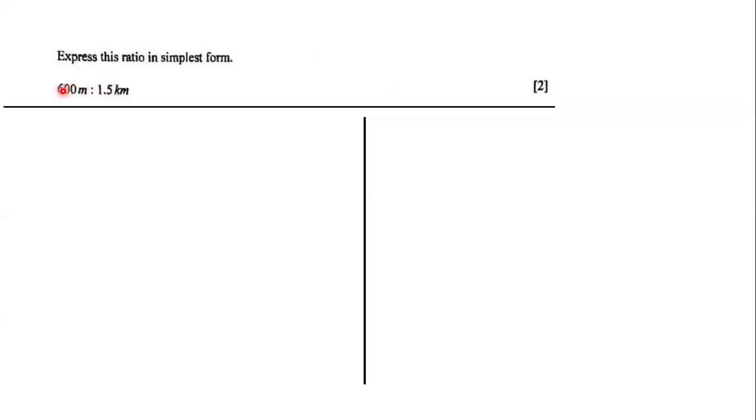What is the first thing that we need to do before we start simplifying it directly? Turn the kilometers into meters. We need to convert it, right? We need to change the units. So that's the first thing. Always change units first. So we're gonna take our 1.5 kilometers and express that as meters.